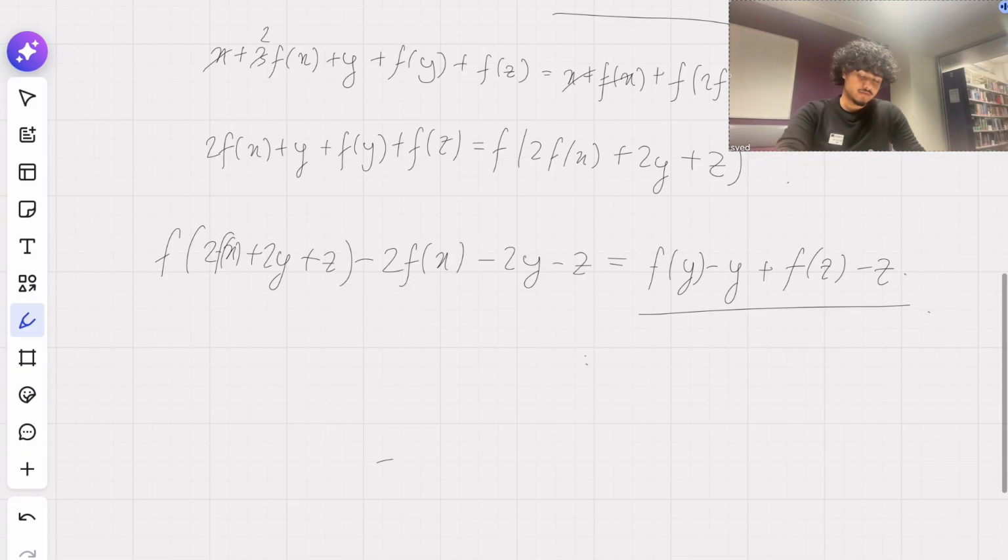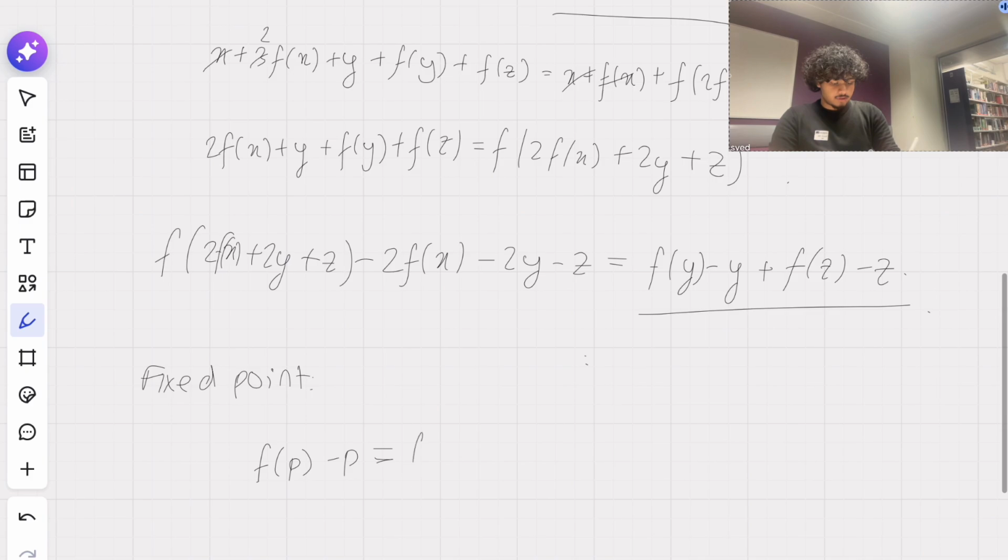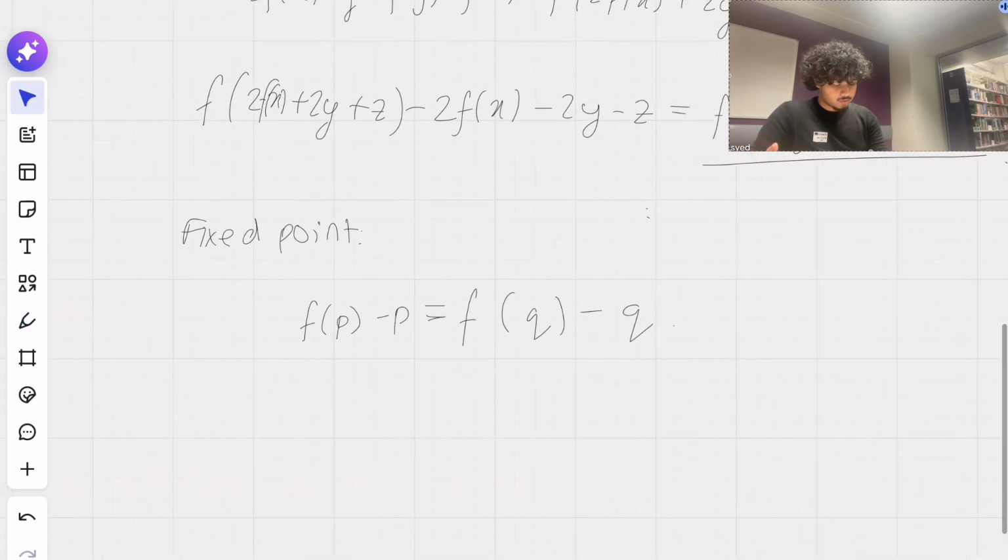Now our right hand side is actually very interesting, and the reason is because we can now introduce a new idea, which is the fixed point idea. We want to introduce some sort of f of p minus p being equal to f of q minus q for some arbitrary p and q.